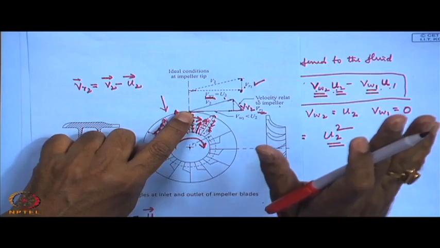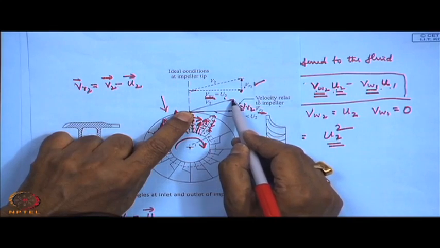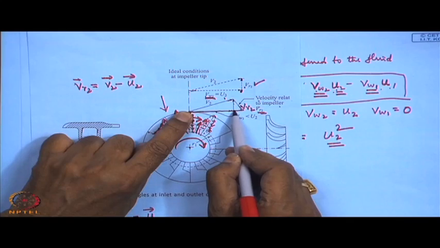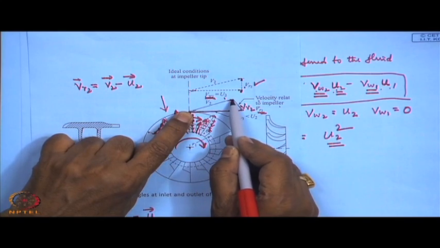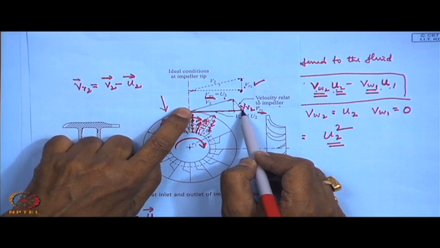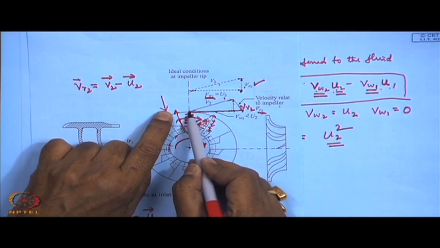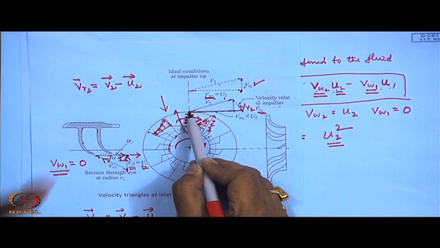It is just similar, if you recall what we discussed in the case of the centrifugal pump. In that case, this is the tangential component of the absolute velocity. Now if you compare these two, this is U2. Obviously U2 remains the same. U2 depends upon the rotational speed and the outer radius of the impeller.